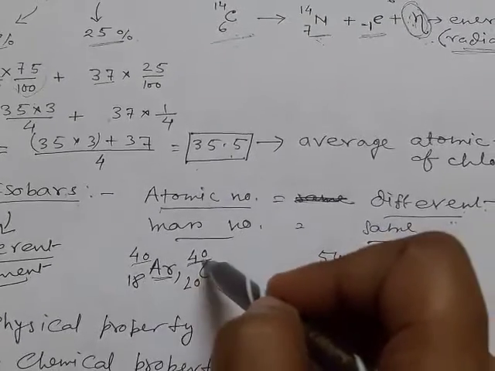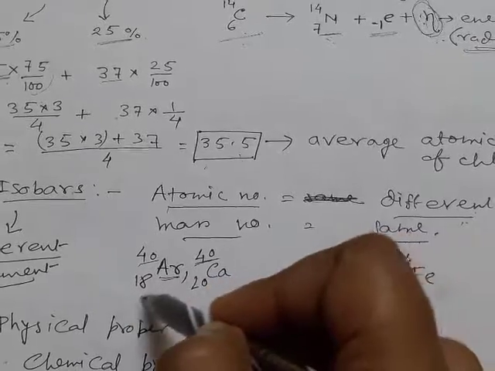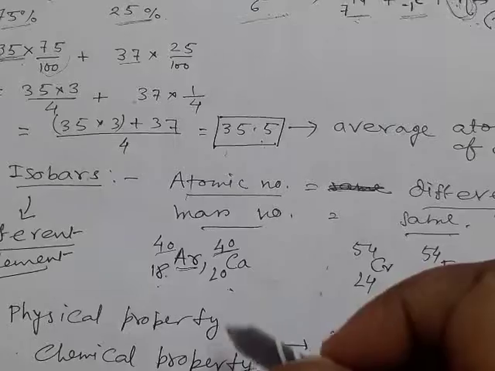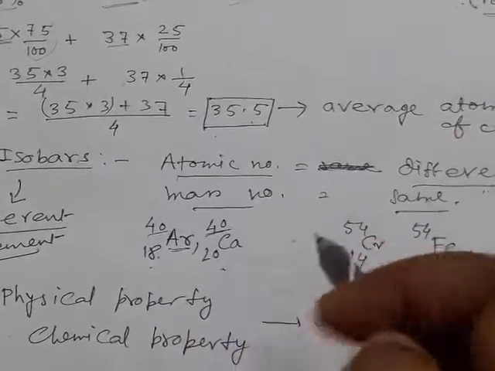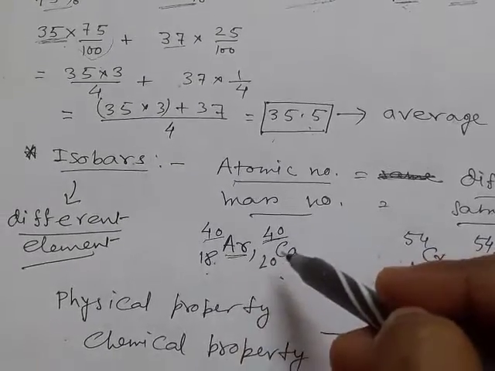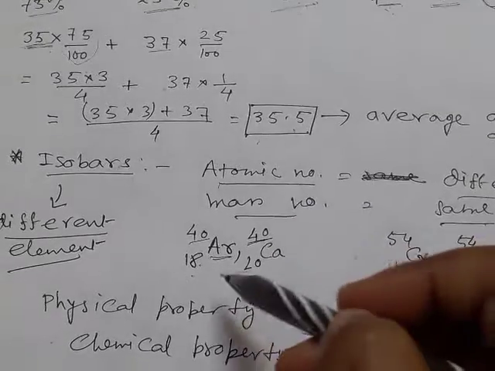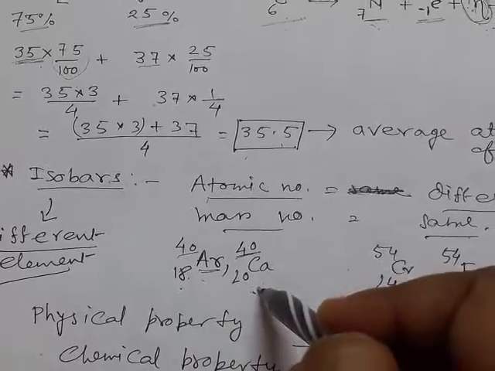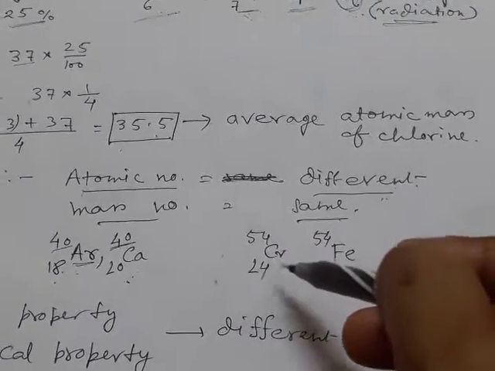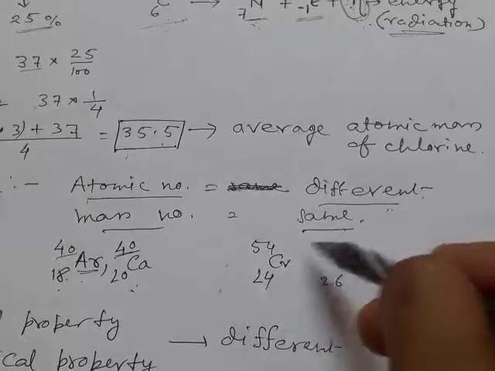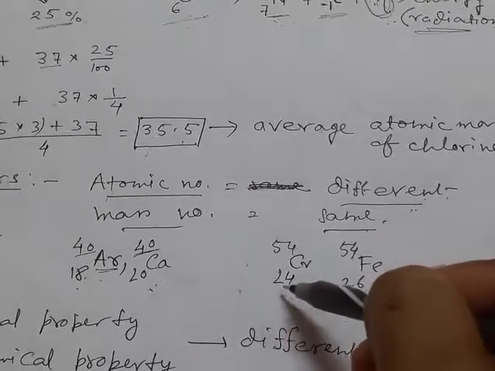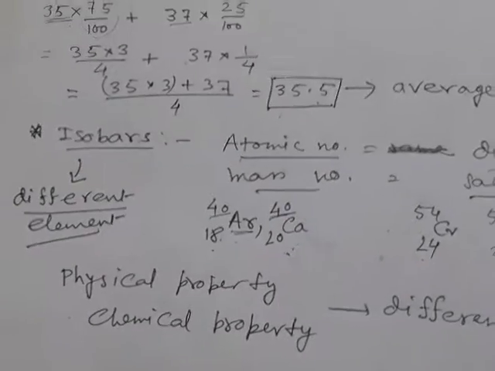So the mass number is the same here, but the difference is in their atomic number, that is in their proton, electron and neutron numbers. So the numbers of all the subatomic particles will be different for them. So these two are called isobars of one another. Similarly, chromium and iron have mass number 54 for both of them, whereas the atomic numbers are different, 24 and 26. So these are called isobars.